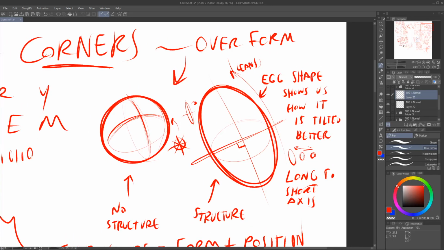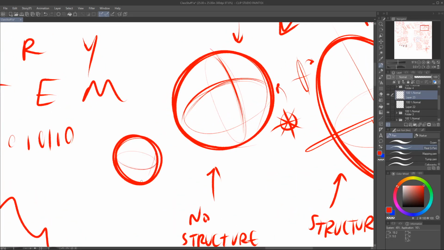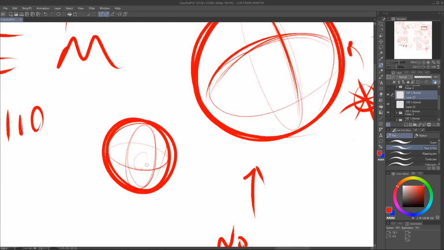Like this sphere here, which I drew some ellipses through in order to describe its direction. This is why you'll often see Disney animators, when they draw a cartoon character in the Disney style, draw a head with a little plus sign on it.